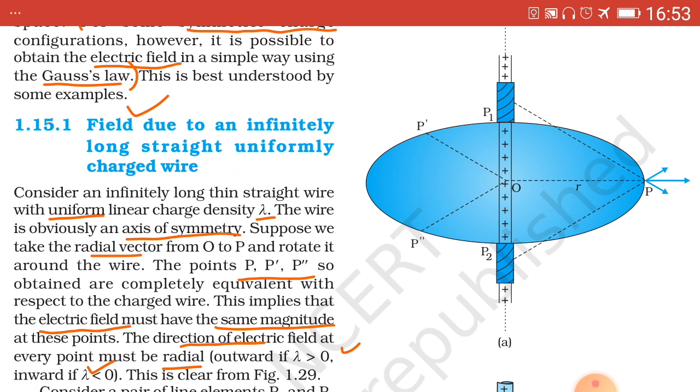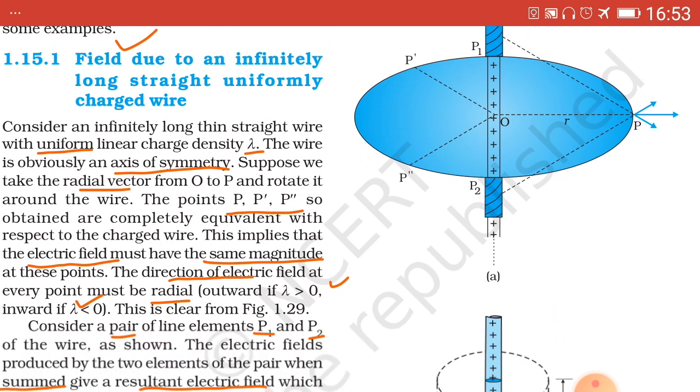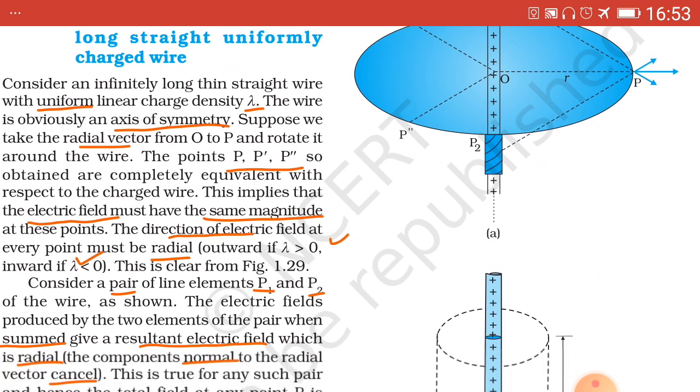So at those points P, P dash and P double dash, electric field have the same magnitude. The direction of electric field at every point is radial. Radial word is important.